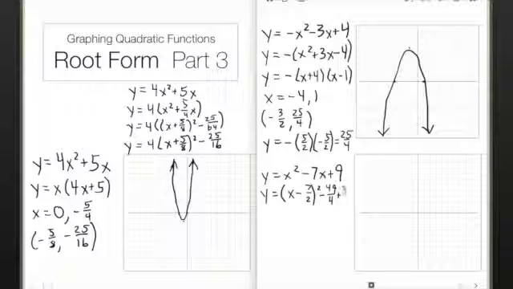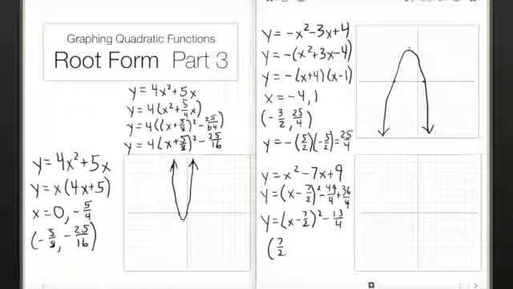So we'll get 36 over 4. Now just simplify this. And we get a vertex of 7 over 2, negative 13 over 4.